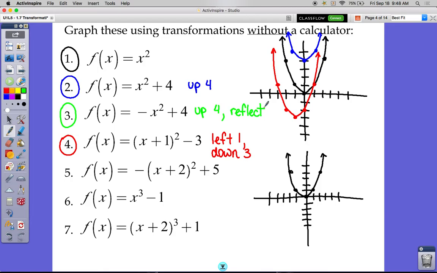I always like to reflect first. It's just easier that way. You take your graph and just go ahead and flip it first, because otherwise you have to be mindful of where this thing is moved first before you start flipping the points, because you're not flipping over the y-axis, you're just making it upside down. So best thing to do is to actually go ahead and reflect.